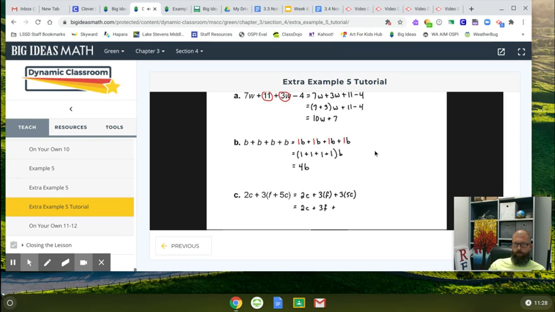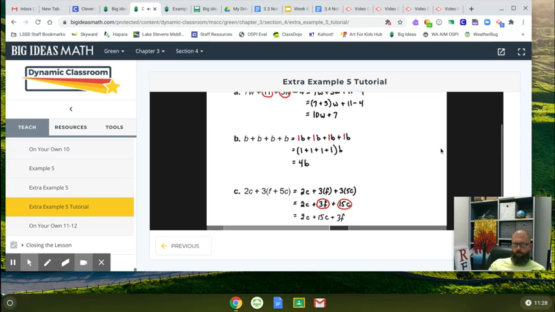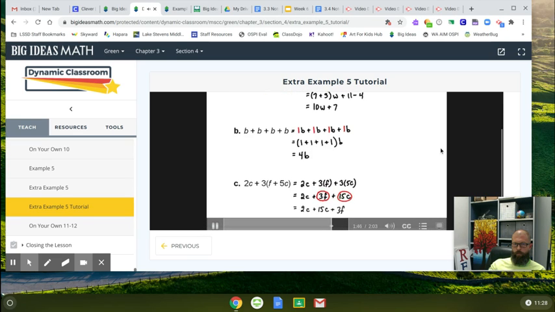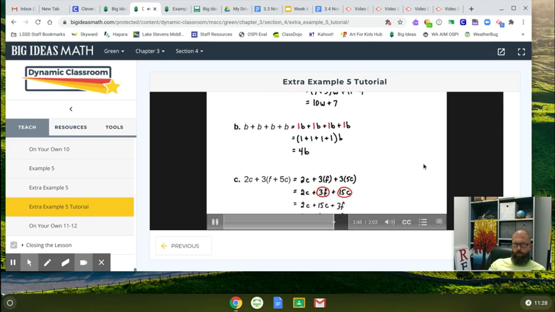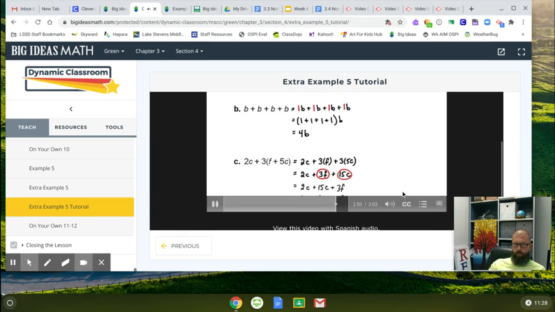Then use the commutative property of addition to change the order of the second and third terms so that like terms are next to each other, obtaining 2c plus 15c plus 3f. Then use the distributive property to rewrite the expression as the quantity 2 plus 15 times c plus 3f. Finally, add the coefficients. 2 plus 15 is equal to 17, so in simplified form the expression is equal to 17c plus 3f.